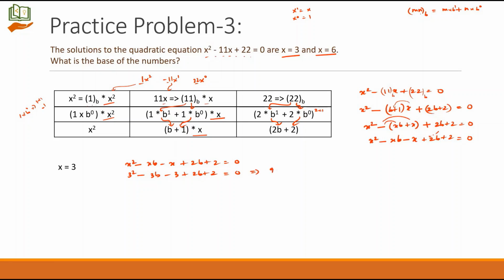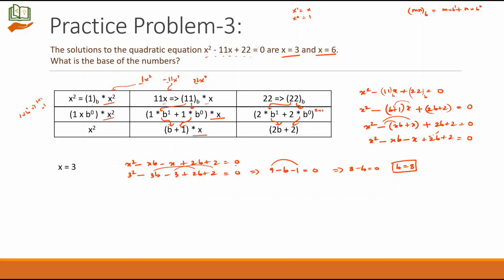It is 9. What is minus 3b plus 2b? It is minus b. What is minus 3 plus 2? It is minus 1 which is equal to 0. Now this can be taken as 9 minus 1 is 8. 8 minus b is equal to 0. From this we can take the value of b is equal to 8. It means the base of the number is 8.